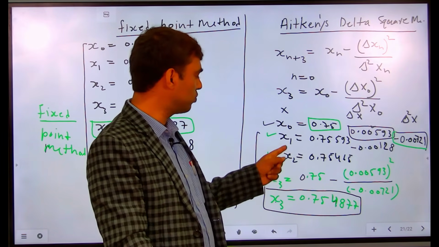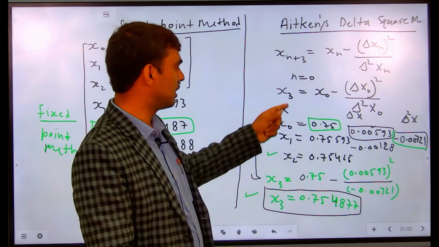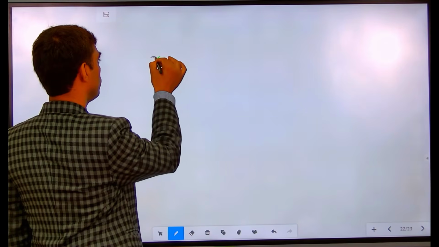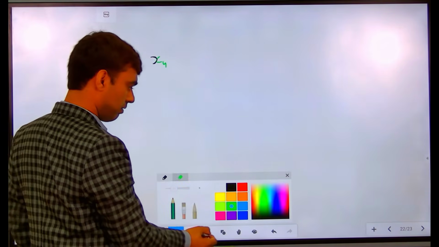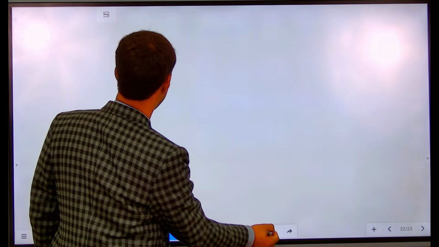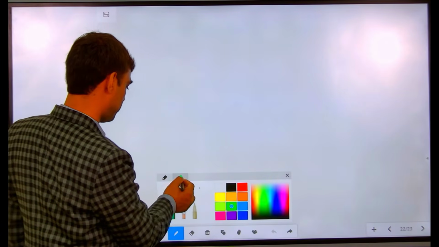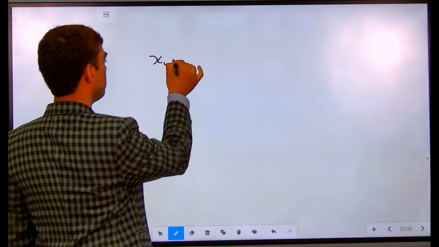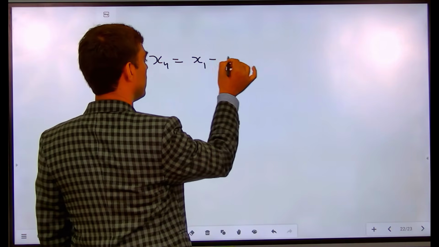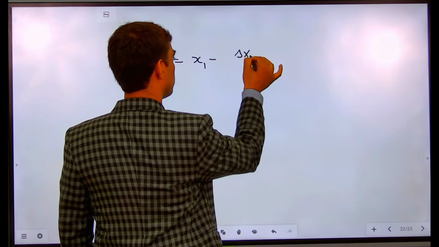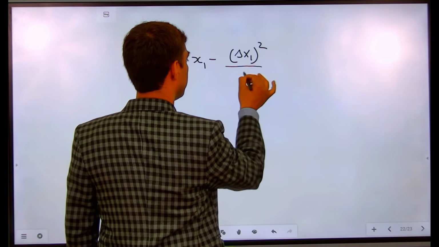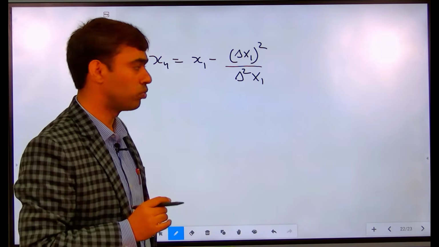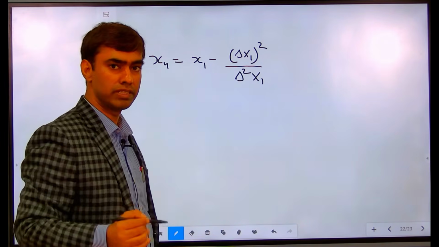So in the next iteration we use the values of x1, x2 and x3. x4 becomes x1 minus delta x1 whole square divided by delta 2 x1, meaning the second order forward difference of x1 and the first order forward difference of x1.